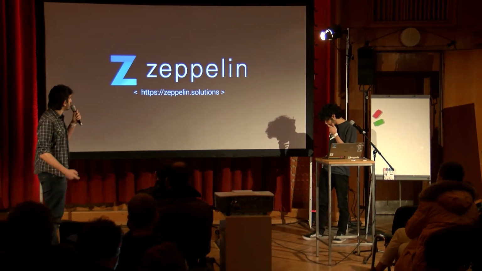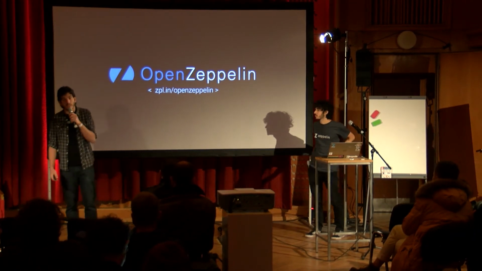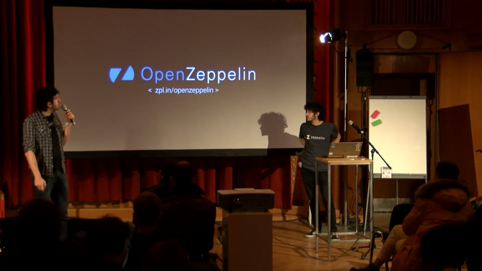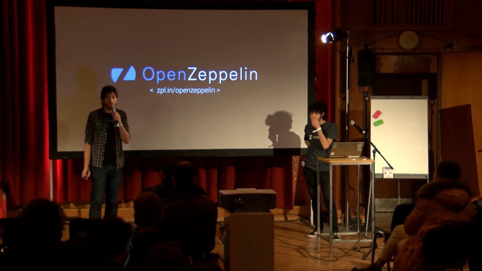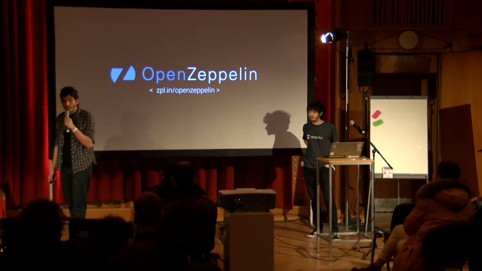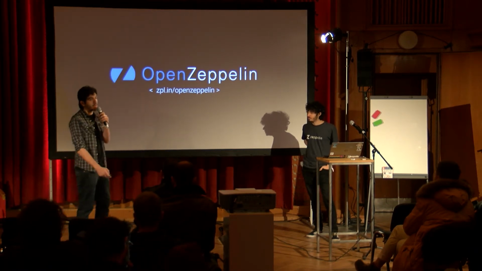Among our open source projects, perhaps the most well-known is OpenZeppelin. OpenZeppelin has been going around for over 2 years now, and it's the most widely used repository of reusable smart contracts. And it has a very beautiful community built around it. We have over 150 contributors.